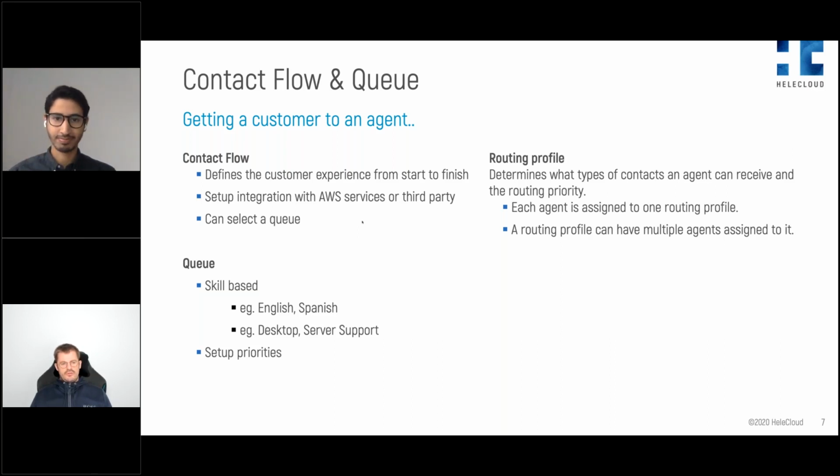And by assigning every agent a routing profile, if you want to change something in the routing, you only have to change the routing profile instead of having to go through potentially dozens or hundreds of agents and set their new priorities. So it creates a bit of an abstraction layer, and therefore allows you to be smarter with who goes where.